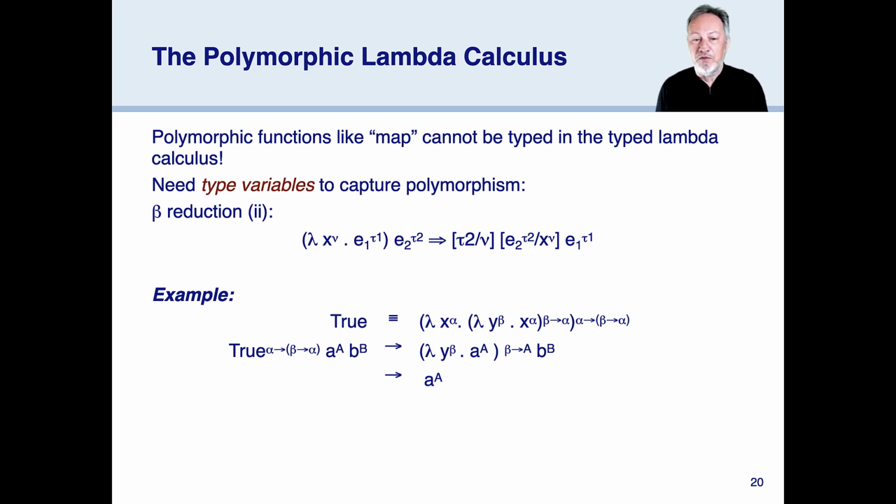And the type of our truth value is going to be alpha arrow beta arrow alpha. Now we can apply it to concrete values a and b of types big A and big B, and not only will true return the first value, that is a, but the generic type alpha, the type variable, gets bound to the concrete type big A in the beta reduction. So that looks good.